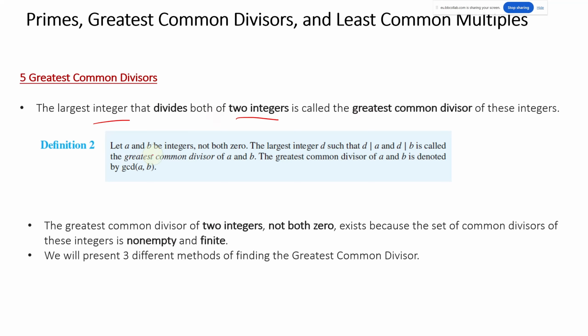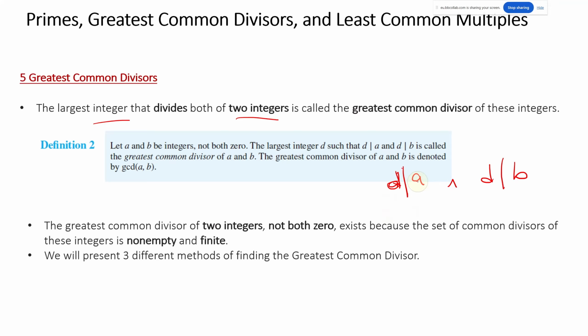Now let's have a look at the definition. Let a and b be integers, not both 0. So we don't want them both to be 0. The largest integer d, such that d, remember this, d divides a and d divides b. What does it mean?